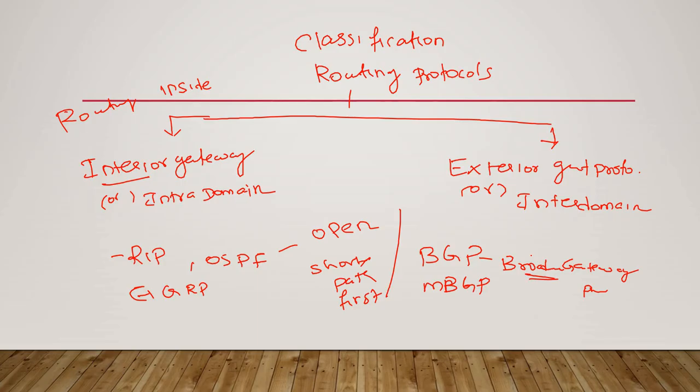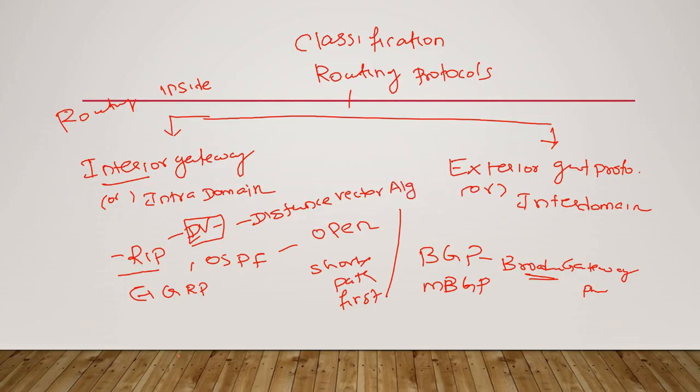Each and every routing protocol has its own algorithm, and based on that algorithm the protocol is designed. The RIP protocol mainly uses the distance vector algorithm, DV, so RIP works based on the distance vector algorithm.